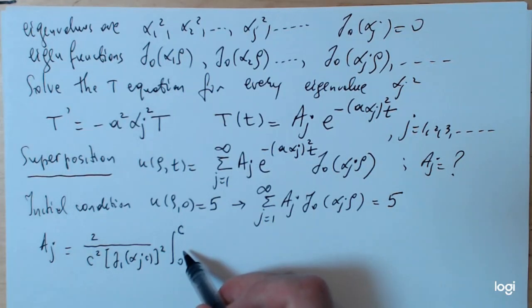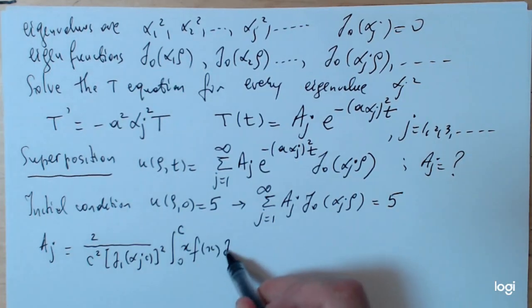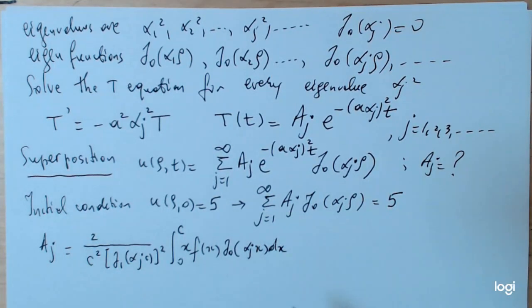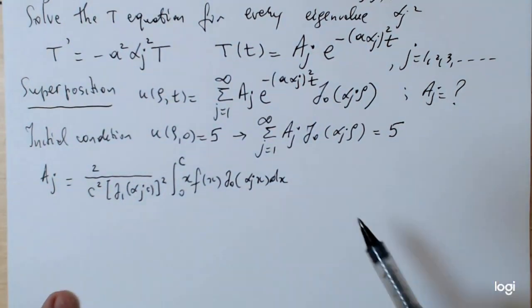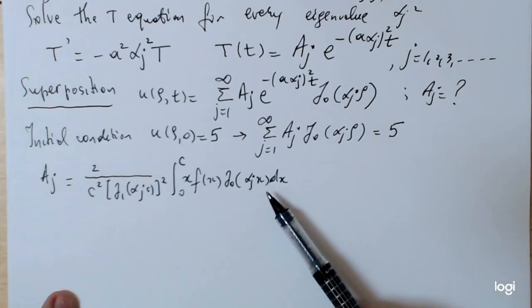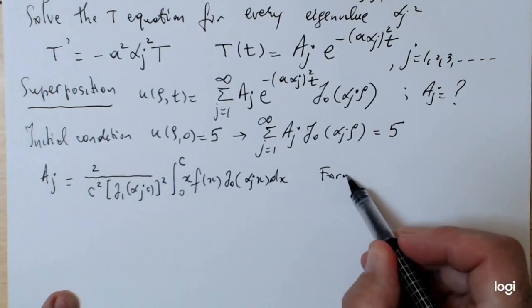Let me actually write the formula, because we're going to have to change x with rho, because that's the notation in our problem. But this is the formula for a series representation for f of x with those boundary conditions, assuming that alpha j comes from J naught of alpha c equals 0.